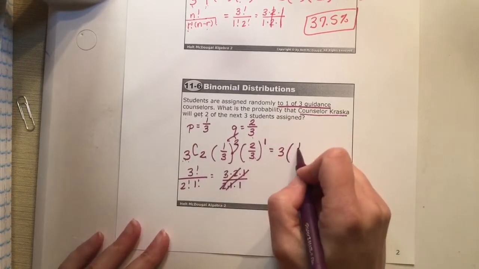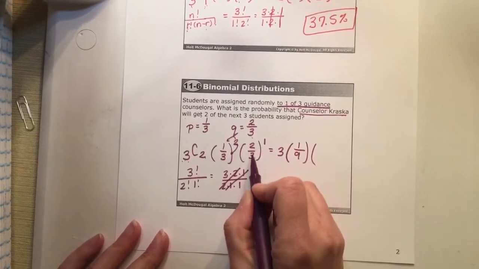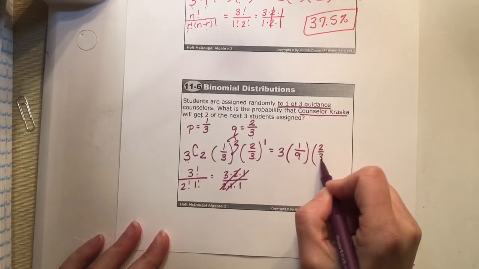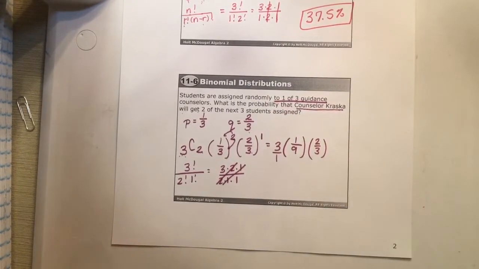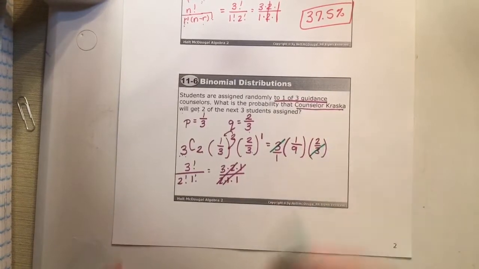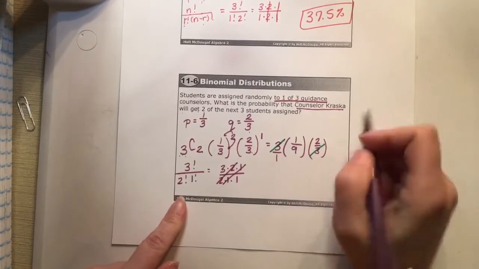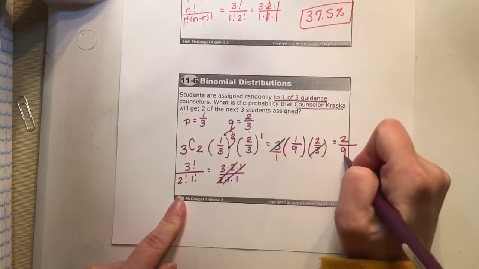So 1 squared is 1, 3 squared is 9. 2/3 to the power of 1 is 2/3. When you are multiplying fractions, this is where you can cross cancel. I can cancel this 3 with this 3 because I'm multiplying by a denominator. Top times top, I would have 2. Bottom times bottom, 1 times 9 is 9.